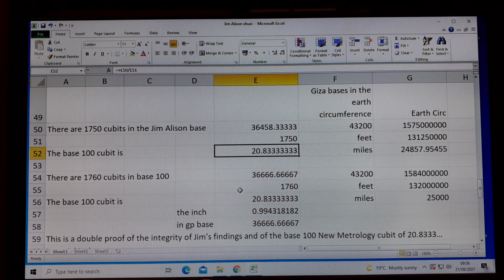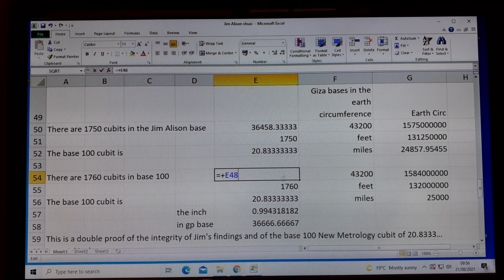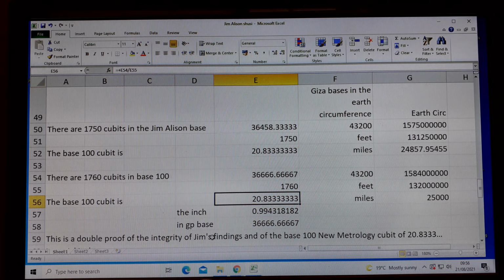This is the new metrology. It's based on this cubit. There are 1760 cubits in base 100, and that gives the kernel-wise amount, which is what I've been saying for a long time in all these lectures. The base 100 cubit is 20.833. If we multiply that by 4.8, we get 100.